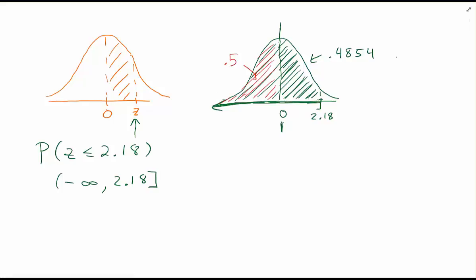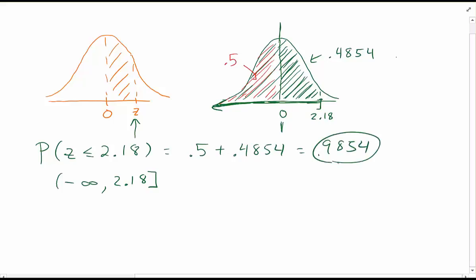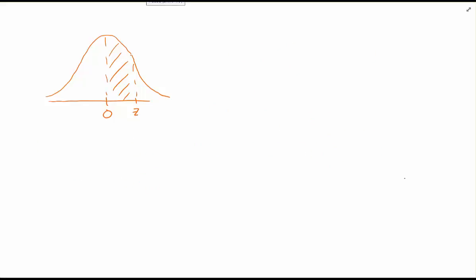So the answer to my question, to get the entire area or the entire probability that z is less than 2.18, it would be 0.5 plus 0.4854 or 0.9854. So the probability that z is less than 2.18 is 0.9854.